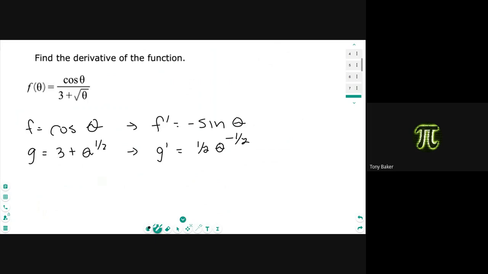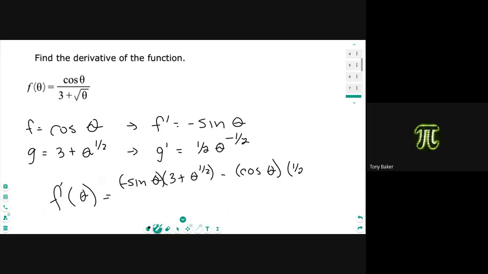All right. Plug back into my quotient rule. Negative sine theta times 3 plus theta to the 1/2, minus cosine theta times 1/2 theta to the negative 1/2. That's horrible.